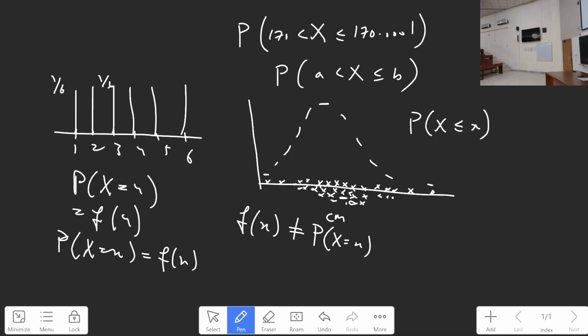This will always be 0. Then what kind of a function can we define which behaves like the probability function and can help us get the cumulative, the joint, the conditional without really changing everything too much? And that's where the concept of relative likelihood comes in.